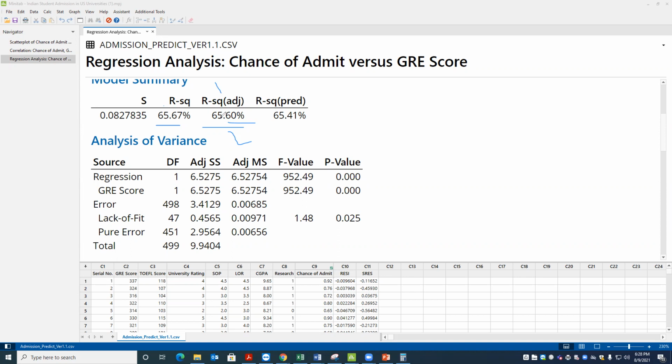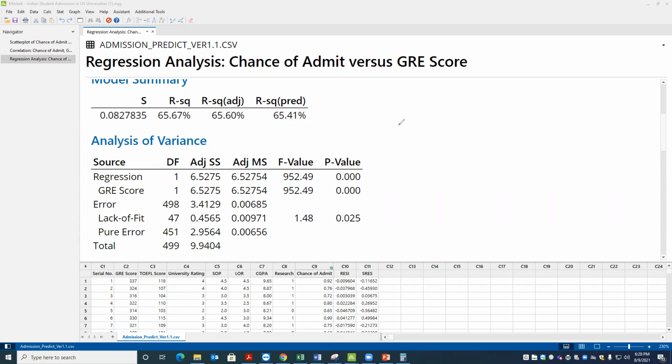Why? Because adjusted R square eliminates insignificant contributions of the numbers, unwanted numbers or errors. Therefore, this is a more precise, or filtered, R square.